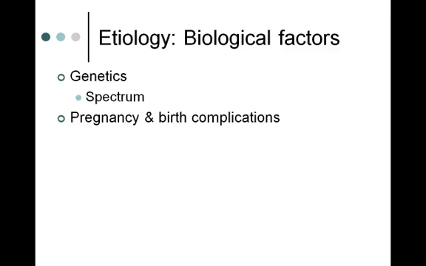Maternal nutrition also may play a role. We know that from studies where a group of women were starved, not for science, but for war, and they happened to follow them and their kids and found that these women who were pregnant at the time of the starvation, they're more likely to have children who later developed schizophrenia.